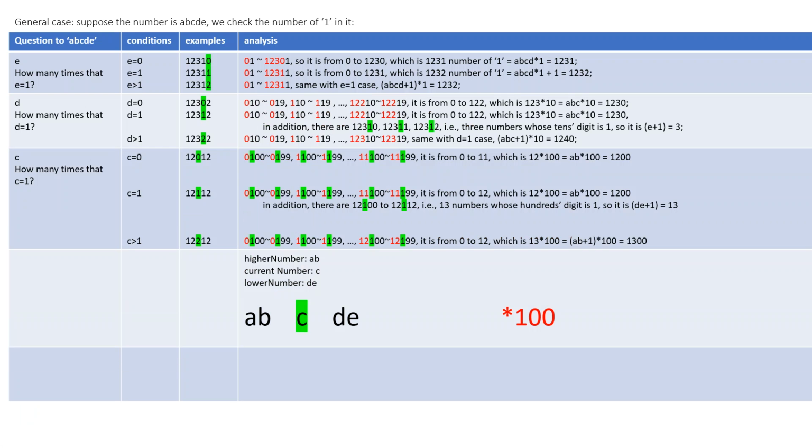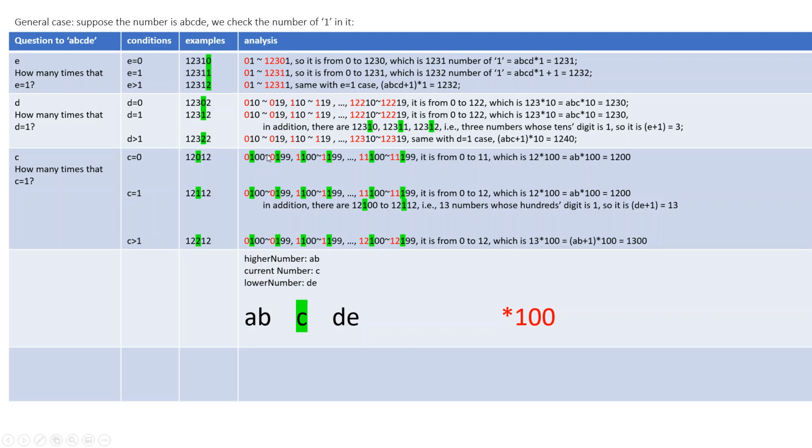Let's look at the C case. So again, we would like to answer this question: how many times does C equal 1? This is the hundred digit, right? So C is 0, 1, or larger than 1, three conditions, and we have subsets. Currently now, the subset is not 10 anymore.